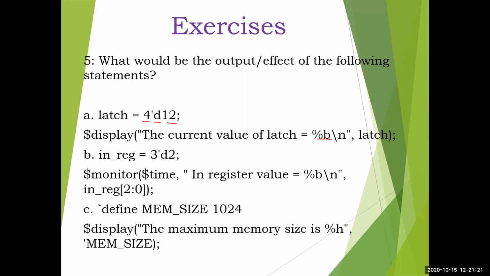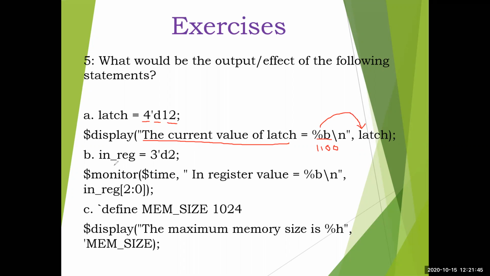So in this statement you have to write whatever is in quotes, the current value of latch equal to, and wherever this %b comes, there you have to decode whatever is in latch, 12, in binary, and you have to write what 12 is in binary: 1100. Okay, so that is the answer.